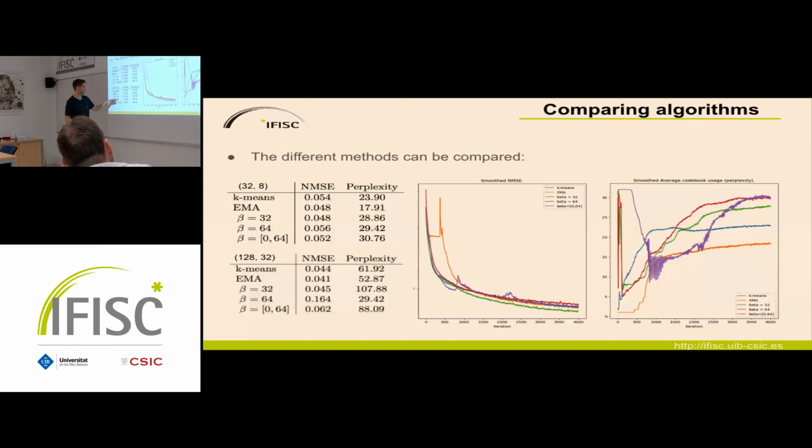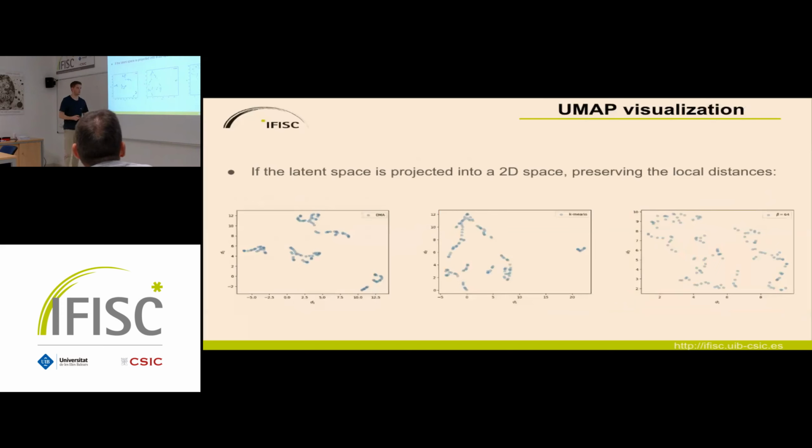We can also see this going on if we increase the number of codebooks, and this is the dimension of the codebooks. We can still see this if we increase the dimension. So it's a nice thing.